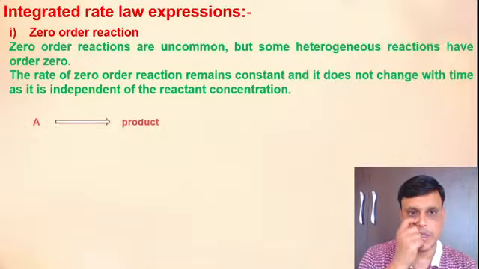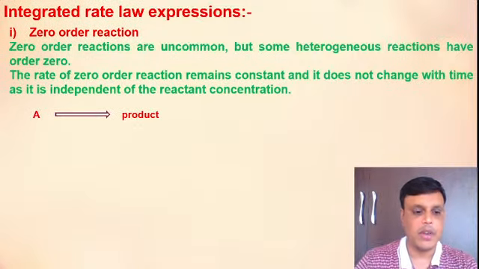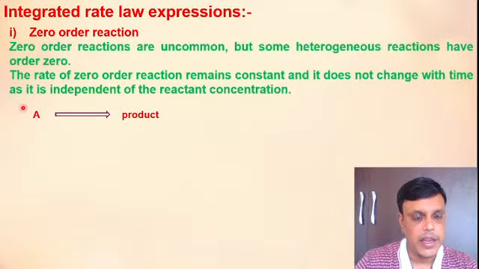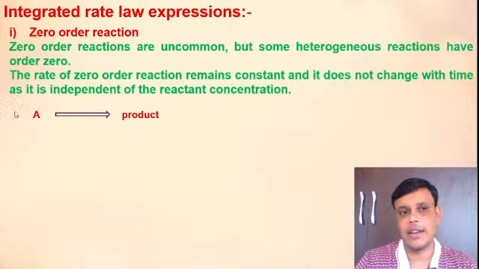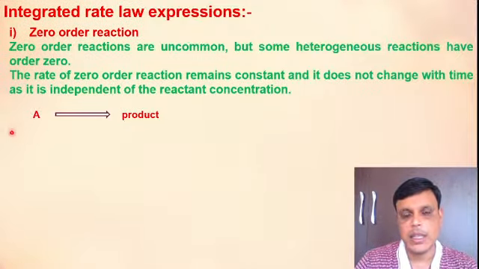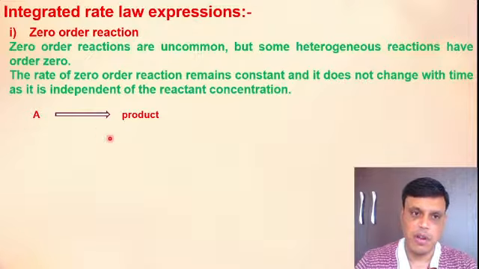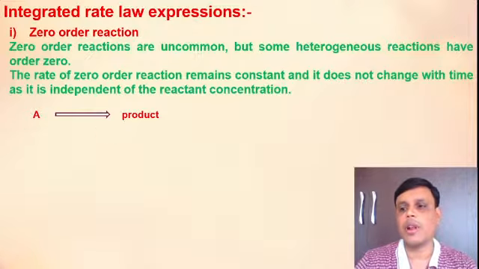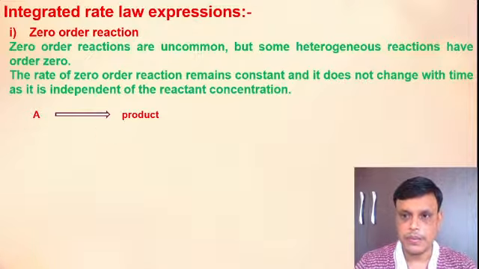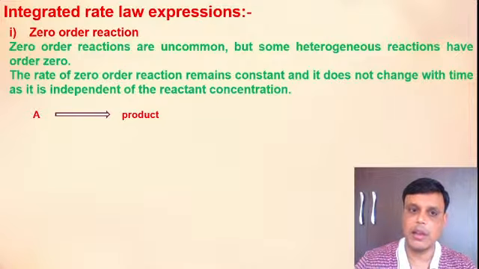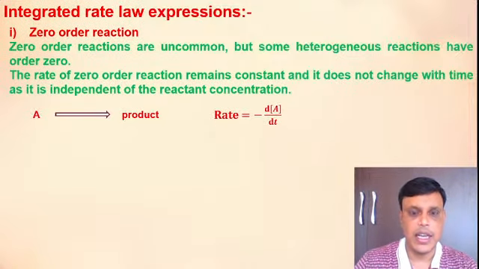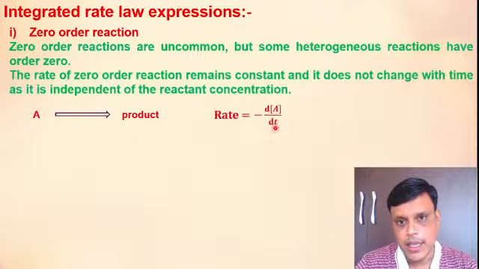So first of all we will take a reaction. For example, reactant A goes to product. A very simple generalized equation, and for this reaction you know how to write the rate equation. The rate is equal to minus d[A] by dt.